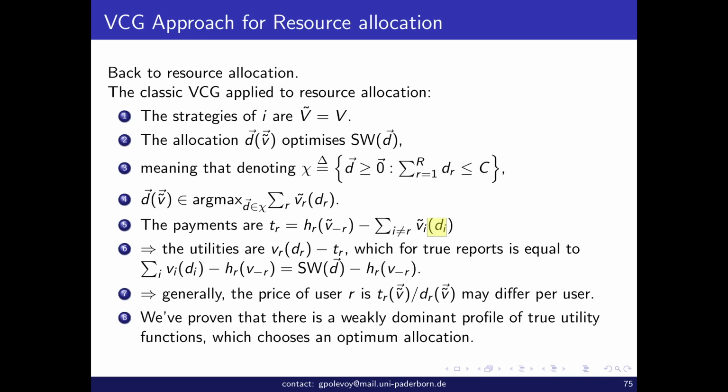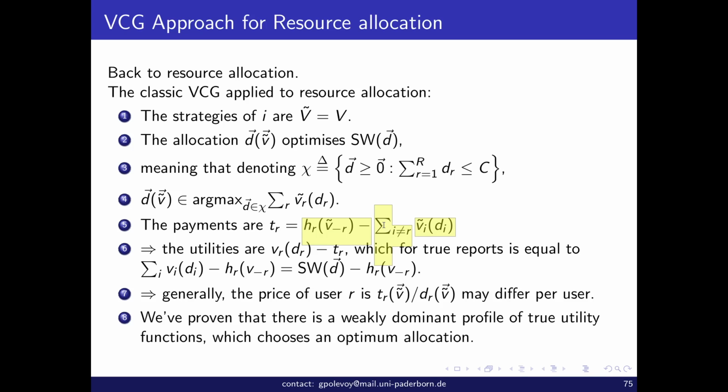And so the utility of player I is what the player I actually feels, regardless of what she declares, that's not tilde, minus what she pays, which in the case that she reports truthfully, which we know for VCG is weakly dominant, is just what she experiences minus this H_I if everyone reported truthfully.